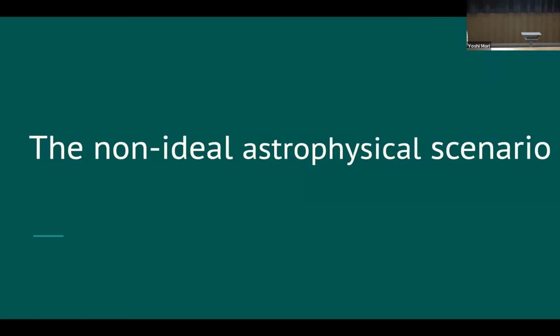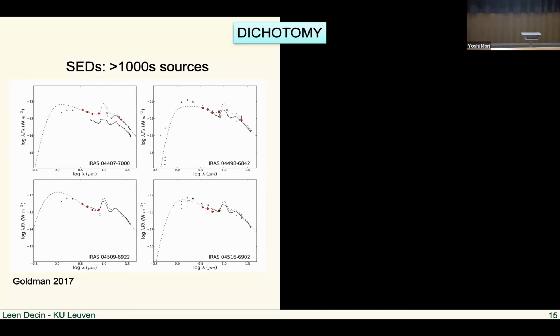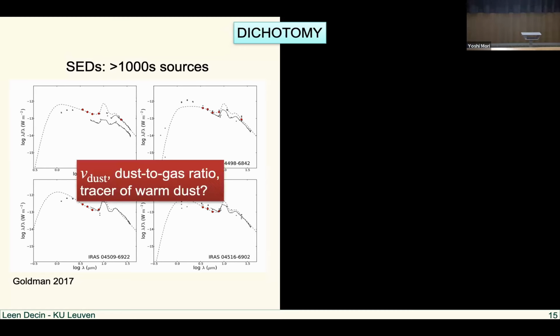It's non-ideal, what I will propose to you, since we are living in this non-ideal astrophysical scenario. What do I mean with that? First of all, we have a lot of spectral energy distributions, thousands of stars. We love them. We use them in the galaxy. We use them in the Magellanic Clouds, and we are analyzing them, and we get mass loss rates out of that.